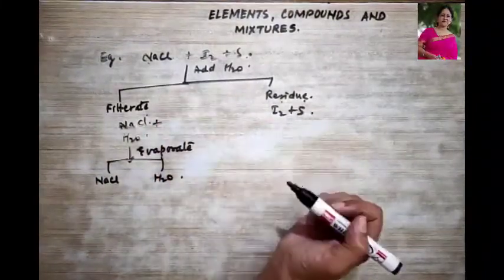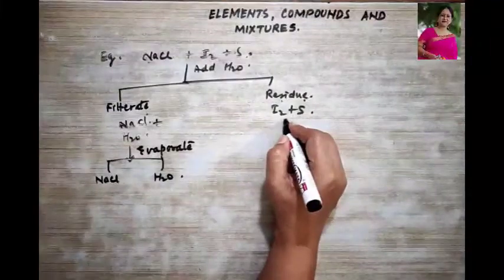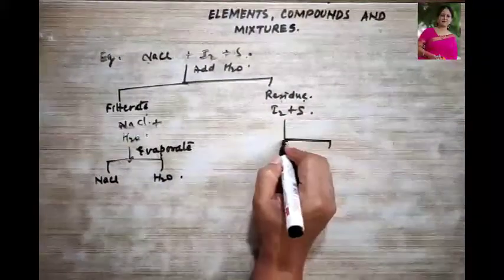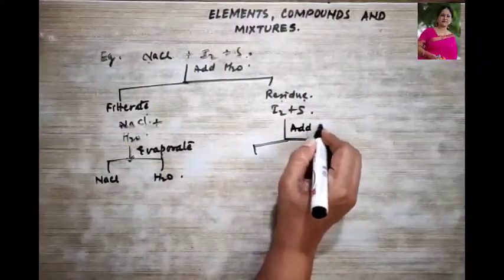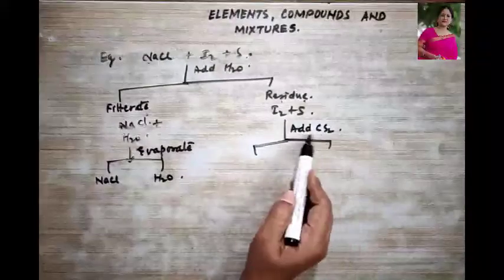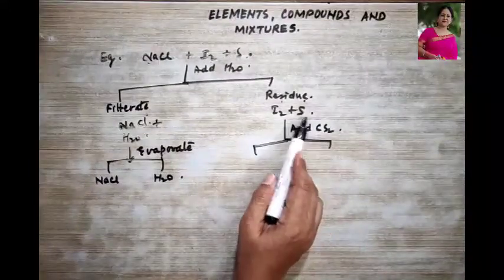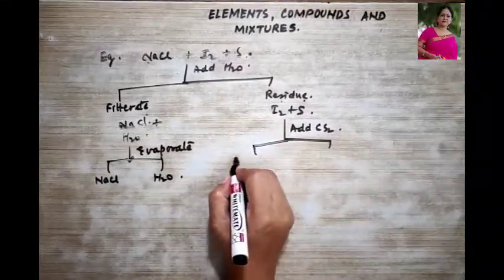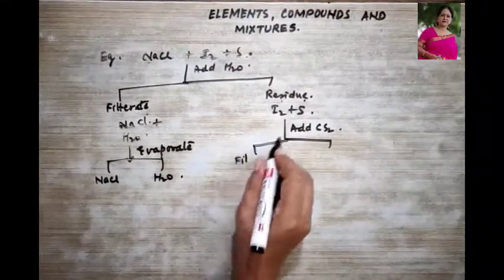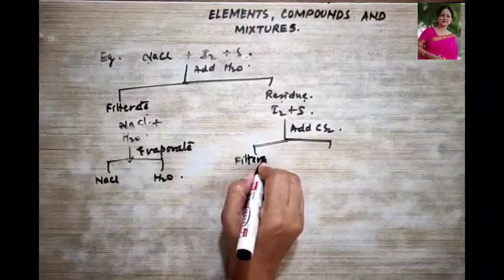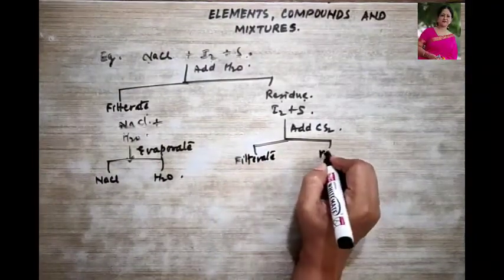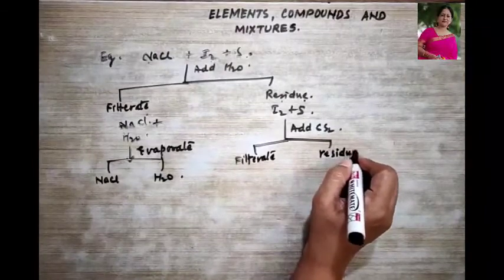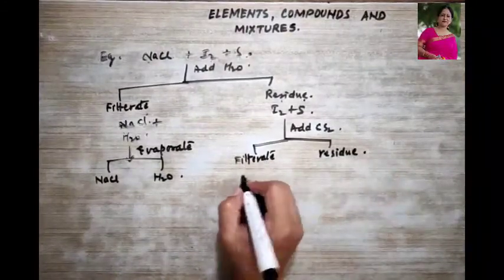Now iodine and sulfur have to be separated. So over here when we add carbon disulfide, carbon disulfide is going to absorb sulfur. So two substances again will be formed. That is, after filtration, filtrate and the residue. What is the filtrate?